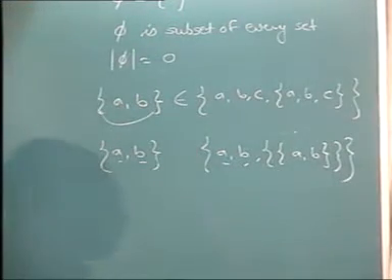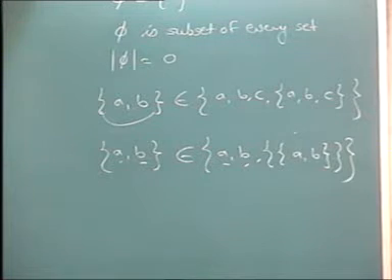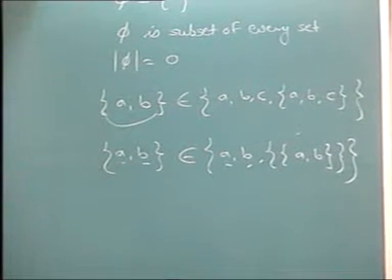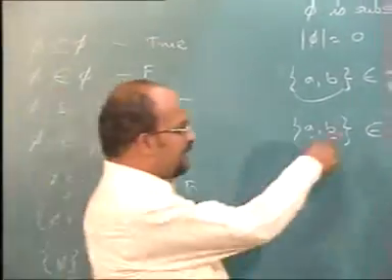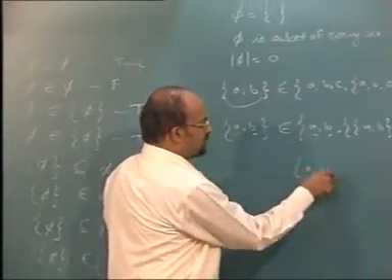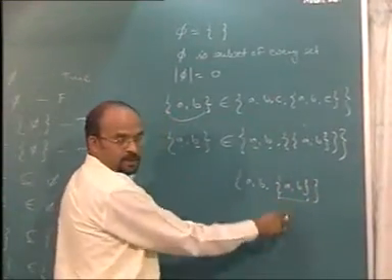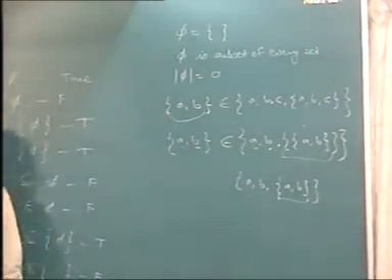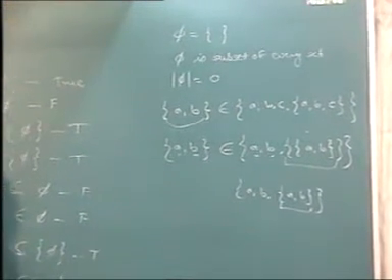Second part, curly bracket a comma b belongs to. False. Reason is it can belong to a set which is like this, where this is the element, whereas the element over here is a second level set. So it is false.